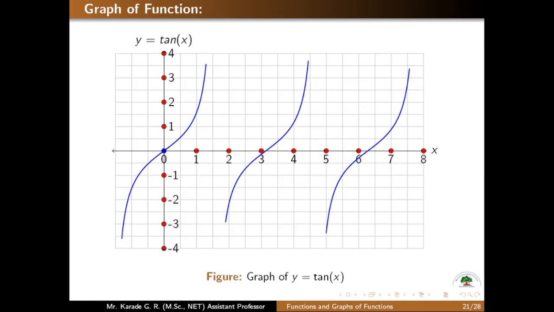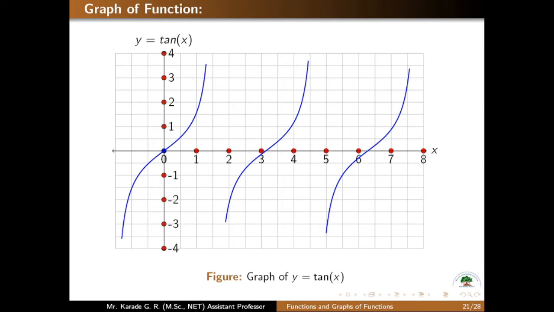Now consider the next function, the tangent function. We see that the tangent function has a completely different shape. It goes between negative and positive infinity, crossing through 0, and at every pi radian as shown on this plot.